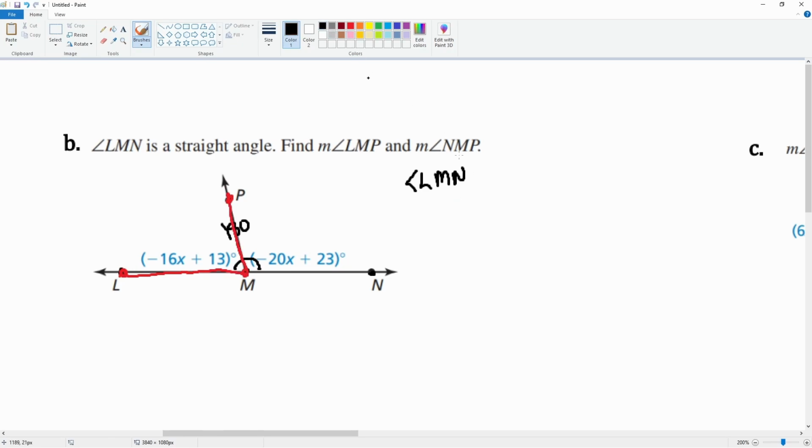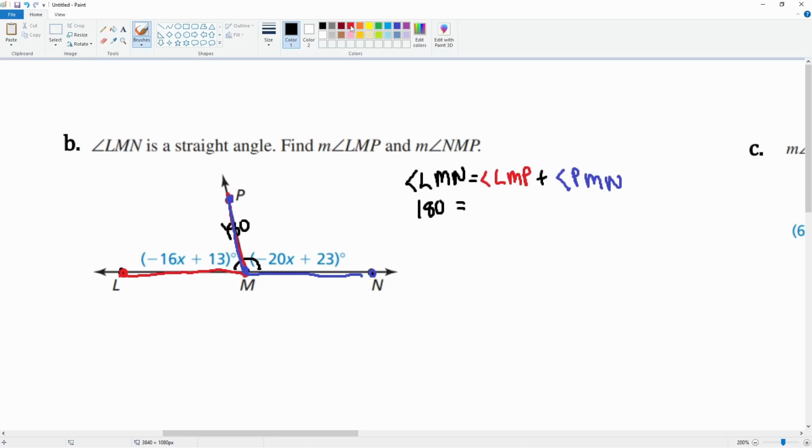This is going to be equal to angle LMP plus the other angle, angle PMN. So LMN, we know that's 180.